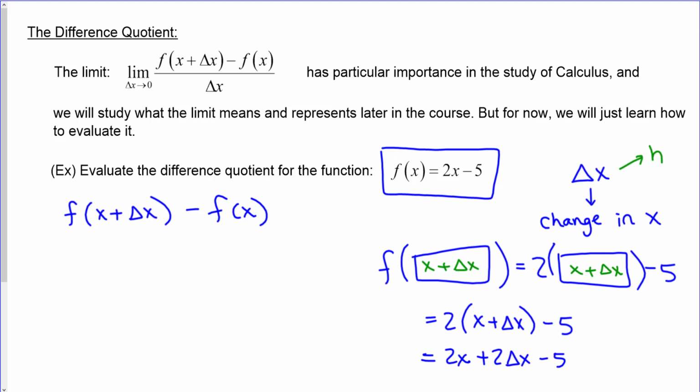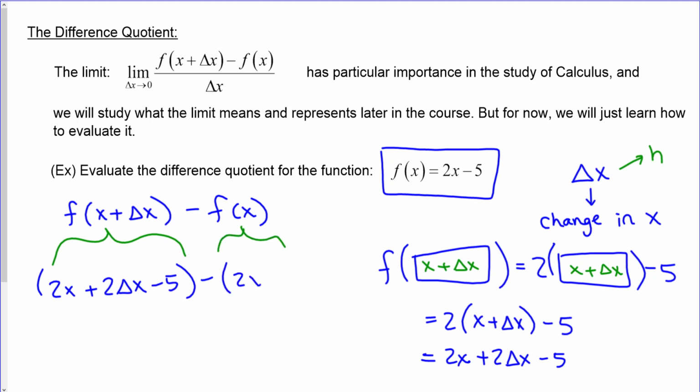So f of x plus delta x becomes 2x plus 2 delta x minus 5. Okay? Now, f of x is a bit easier. We already have what f of x is. It's the original function, 2x minus 5.